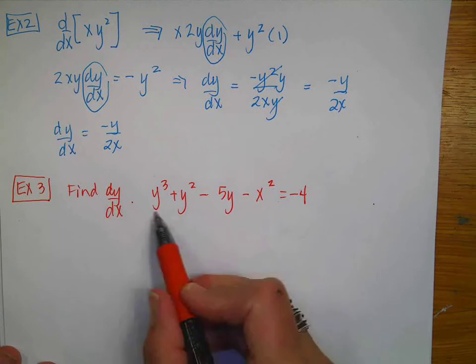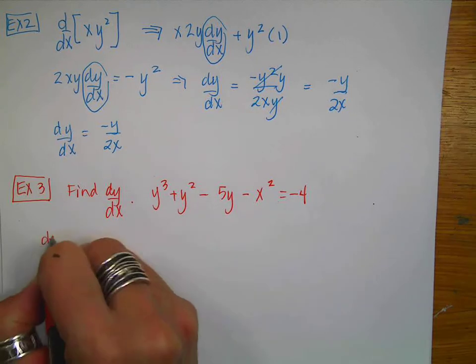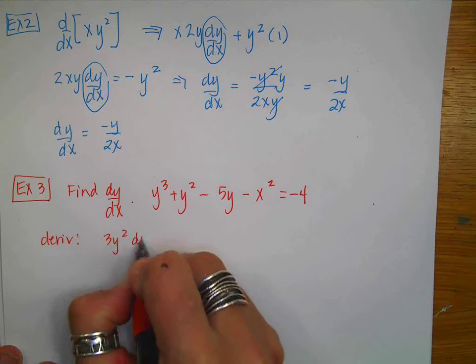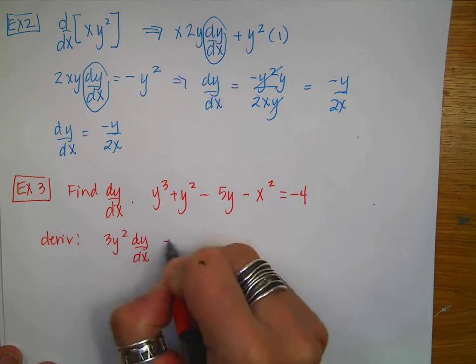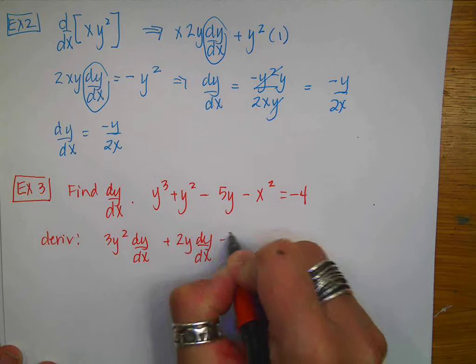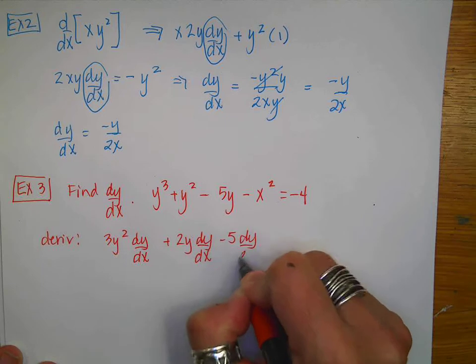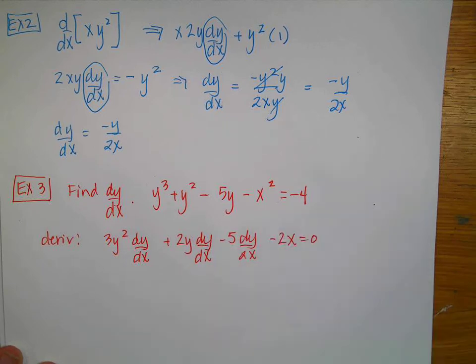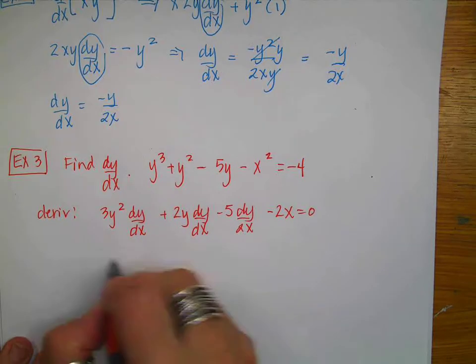I don't think I could solve for y, but implicit is pretty easy. So when I do my derivative, I'm going to get 3y squared dy/dx plus 2y dy/dx minus 5 dy/dx minus 2x equals 0 because the derivative of a constant is 0.